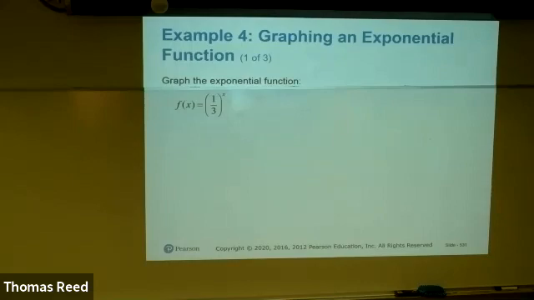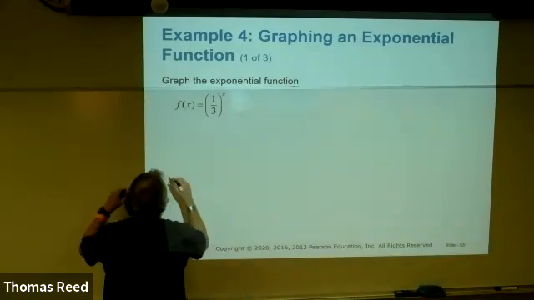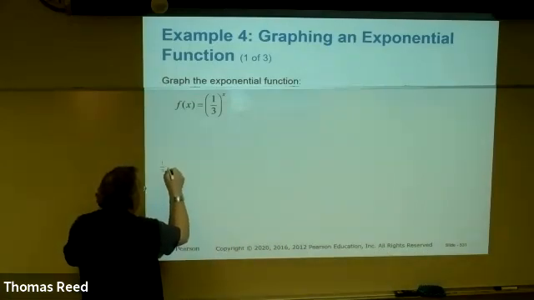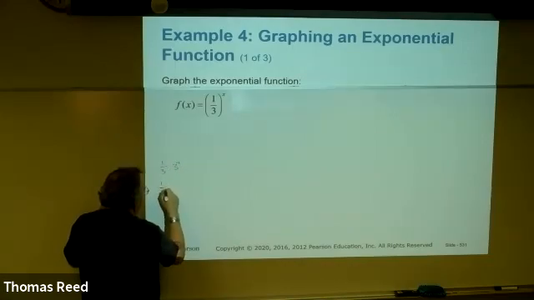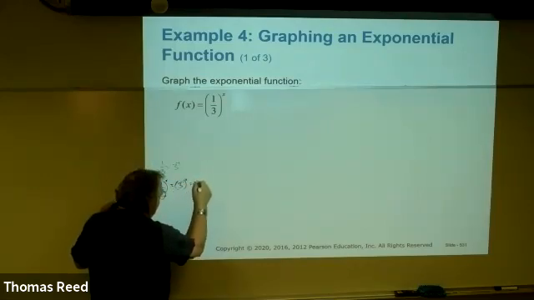So now to graph, well, there's a couple of ways of looking at this. Because I know 1 over 3 is 3 to the negative 1, so I could say 1 over 3 raised to the x power is 3 to the negative 1 to the x power, or 3 to the negative x.